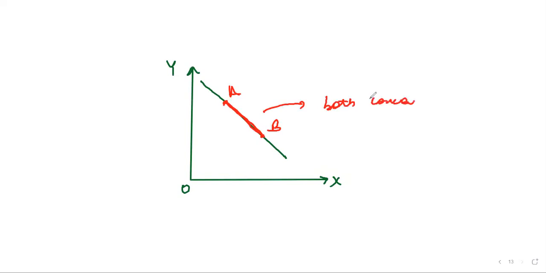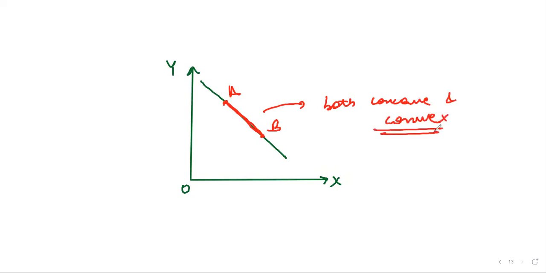Supposedly what you're given is actually a line. Now, you take 2 points. It is on the graph, neither below the graph nor above the graph. So this is both concave and convex. A line is both concave and convex.